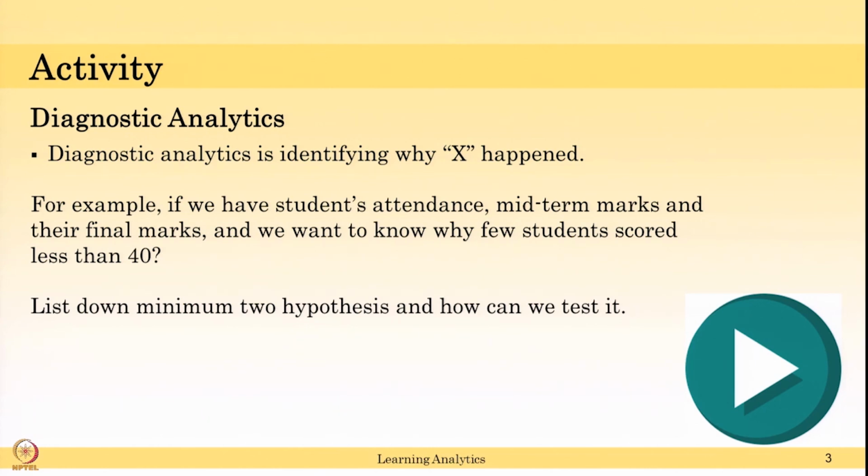Consider that you have 1000 students' data or 60 students' data, the number of data is up to your choice. Think that you have this data, x1, x2, and you want to identify the relation between x1, x2 and y1, come up with the hypothesis, and also come up with a methodology to test it. Please resume the video after you list down your answers.